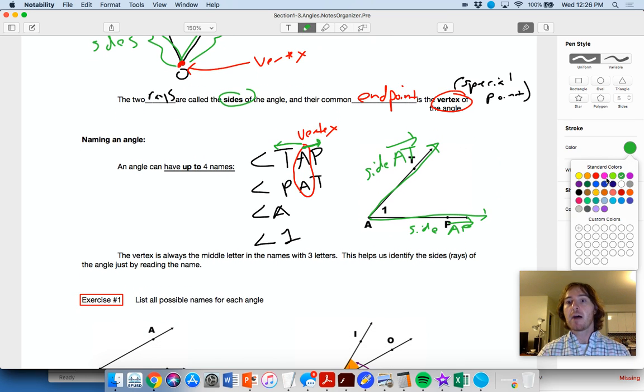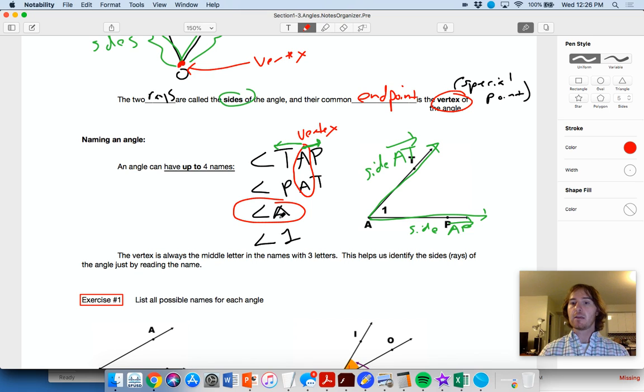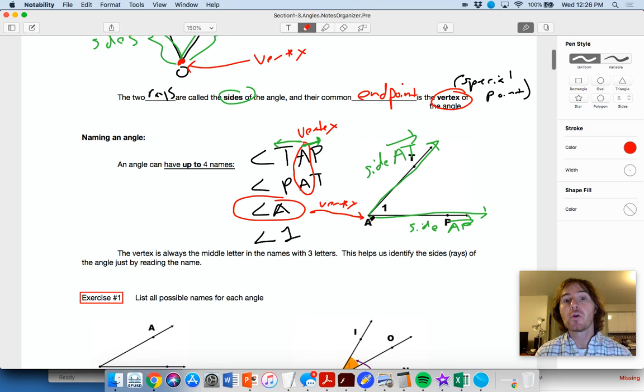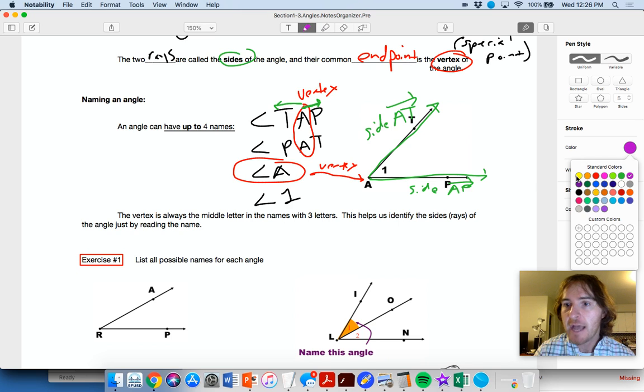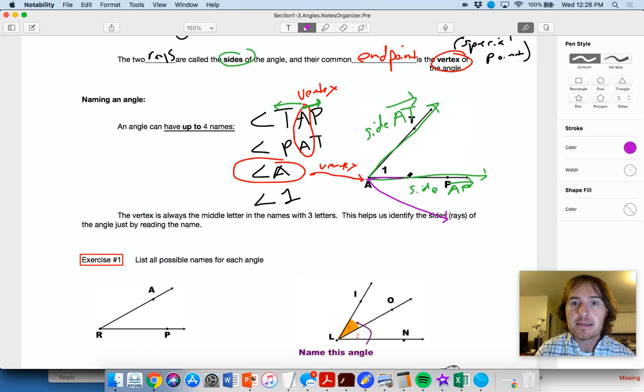Okay, so this one is kind of important. You're allowed to name this angle A. Where do you get the A from? The A is the vertex, of course. We're allowed to name it by its vertex without the other letters because there are no other angles shown that use A as a vertex in the diagram. Any point I could draw on, for instance, I could draw another angle here that uses A. Let's make this PAX.